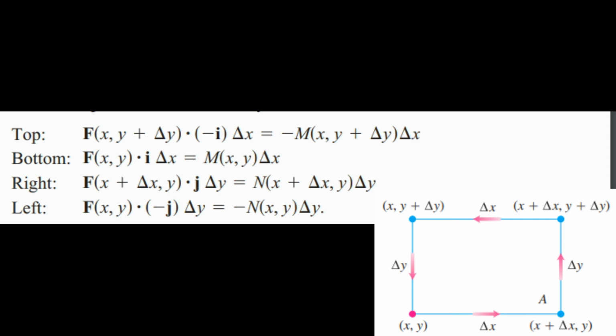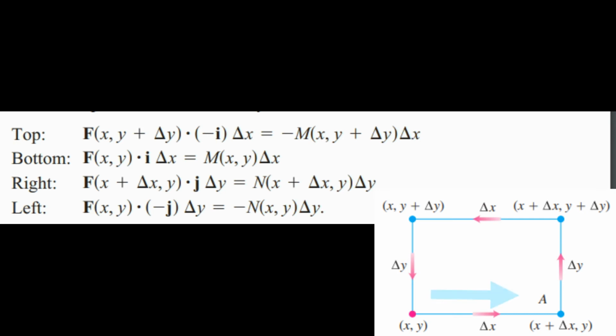In all, the top side gives F(x, y + Δy) · (−i) Δx, because here we evaluate F at the point (x, y + Δy), a point on the upper side, dotted with −i. Negative i is the unit vector in the counterclockwise direction on the upper line segment, which gives −M(x, y + Δy) Δx.